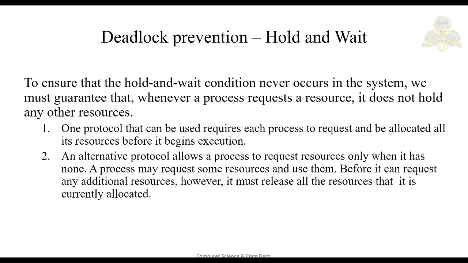At the beginning of its execution, process P1 has to request all these resources. Whenever all these resources are free, they are allocated to that particular process. After that only can your process start its execution. Even if one of the resources is not available, your process cannot start its execution.